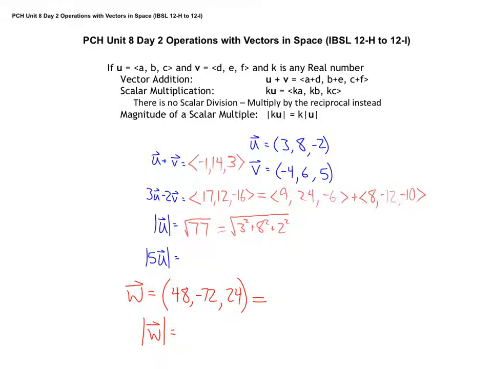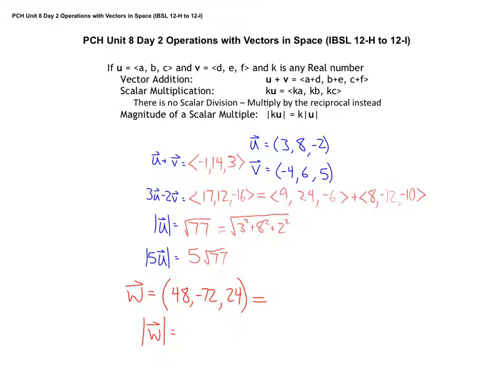So then 5u, what's the magnitude of 5u equal? 5 square root of 77. Yeah, it's 5 times the square root of 77. Remember, the magnitude of a constant multiple is just the constant times the magnitude of the original vector. Okay?